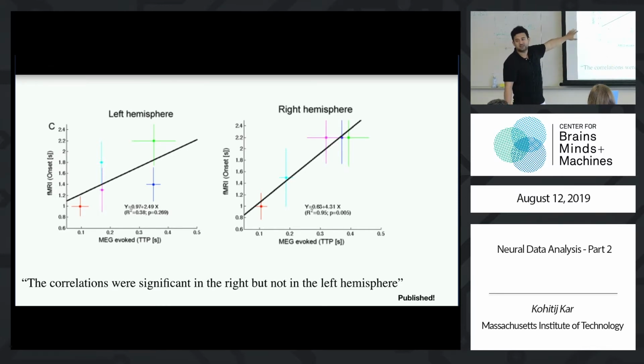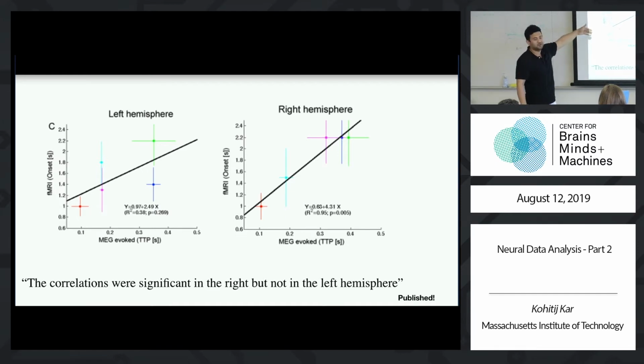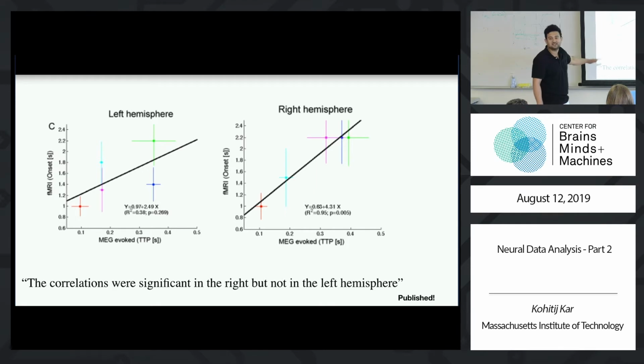This is a right depiction of the data. This figure is not fraud. This sentence is absolutely scientifically correct: the correlations were significant in the right but not in the left hemisphere. But the problem is, will you then say that something is present in the right hemisphere that's not in the left hemisphere? Is that inference correct?